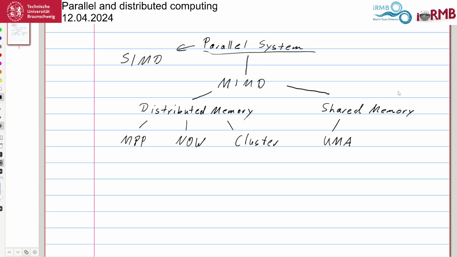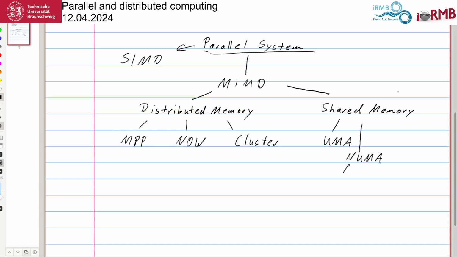So what is UMA standing for? We had this last time. Uniform memory access, right? Then we have, of course, non-uniform, NUMA.